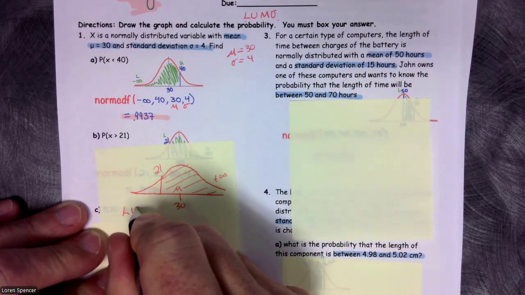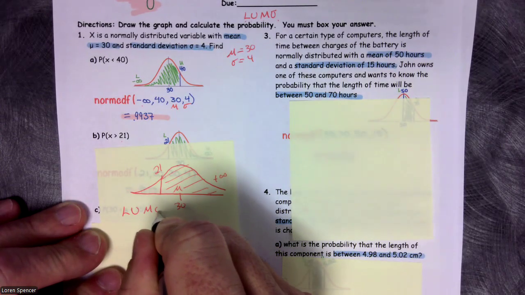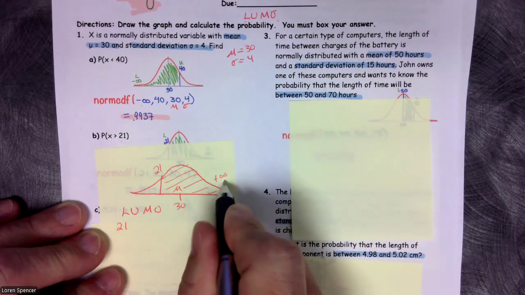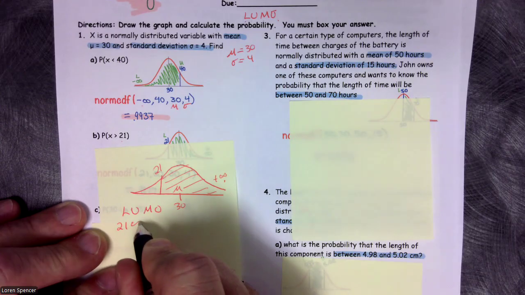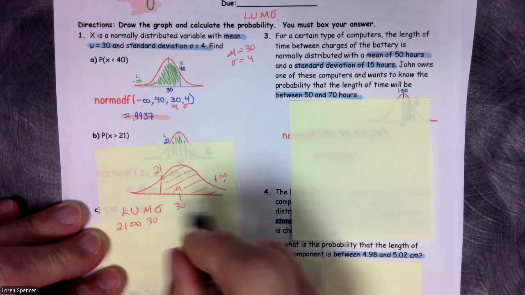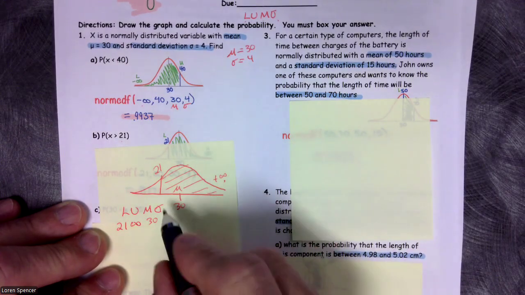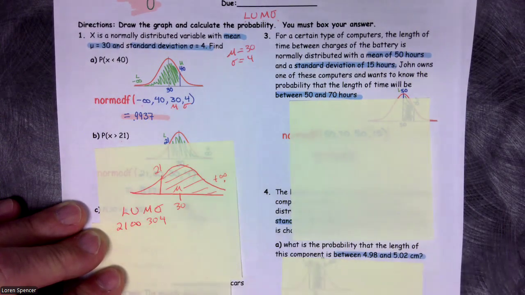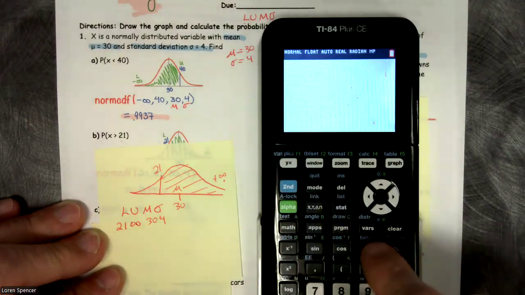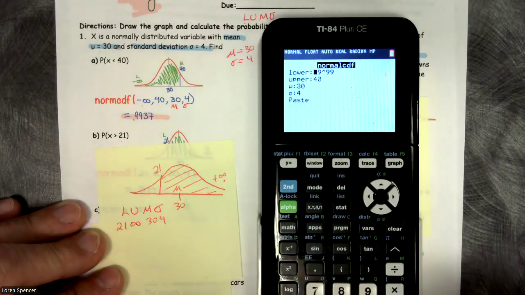Once again, we want our LUMO: lower, upper, mean, and standard deviation. My lower part of my shading is 21. My upper part of my shading is infinity. My mean is 30, and my standard deviation was 4. It didn't change because we have the same problem. So that's what we're going to plug into the calculator. 2nd, VARS, normalcdf.